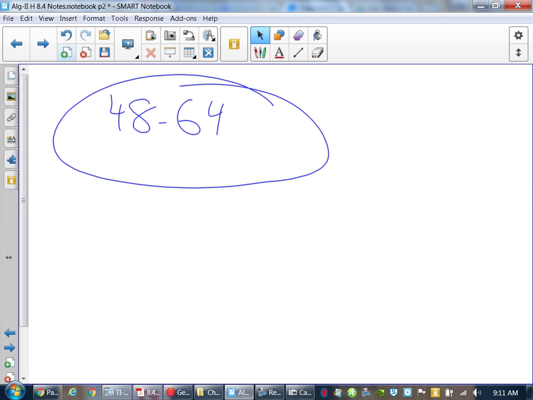Because then on Monday, what we'll do is we'll deal with graphing. We'll graph logarithms, natural logarithms, and then on Tuesday we'll start solving equations. Solving equations will probably take a couple of days.